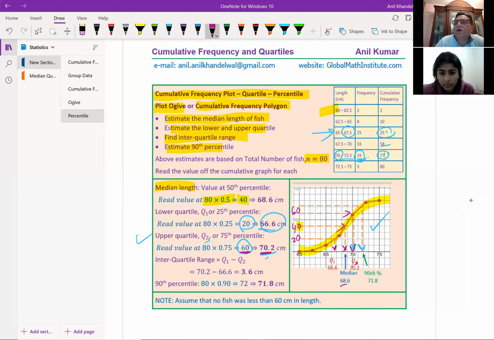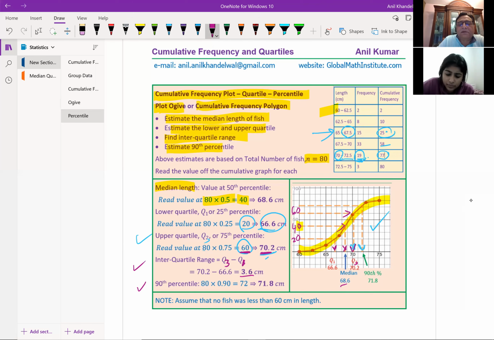Now you know how to find Q1, Q2, and Q3 from the graph. Interquartile range is the difference between Q3 and Q1. So it is 70.2 minus 66.6, which is just 3.6 in this particular case. That is the interquartile range.